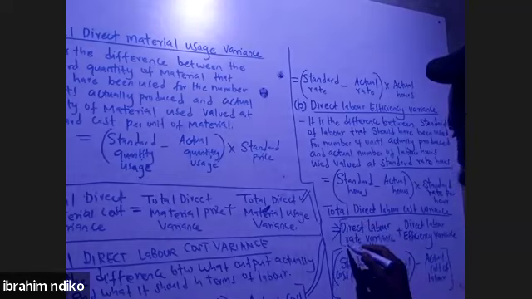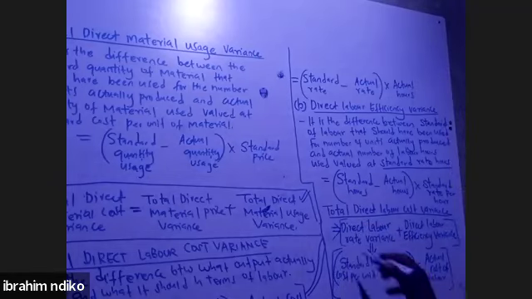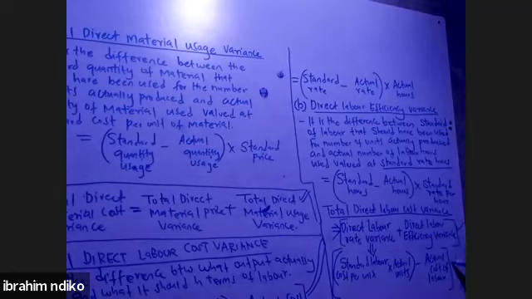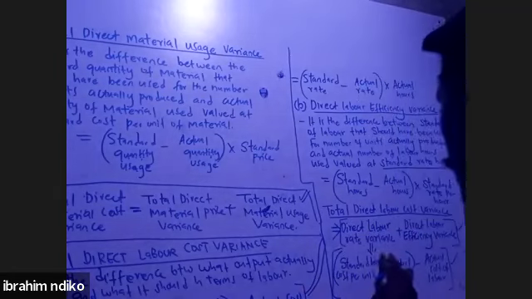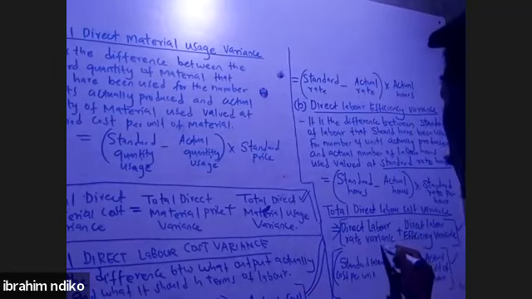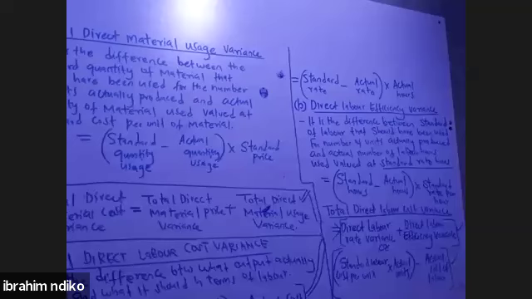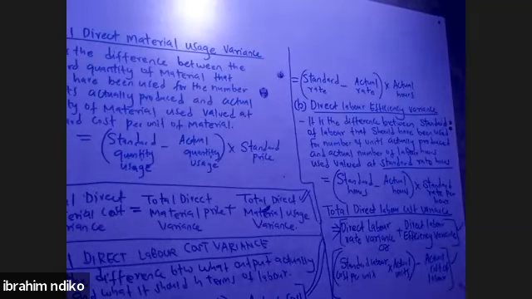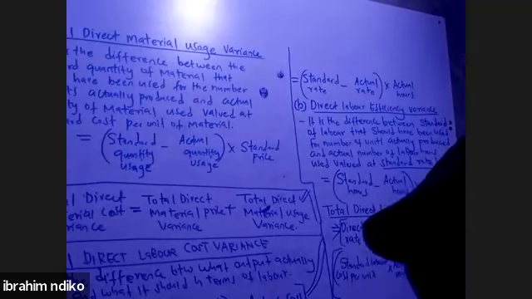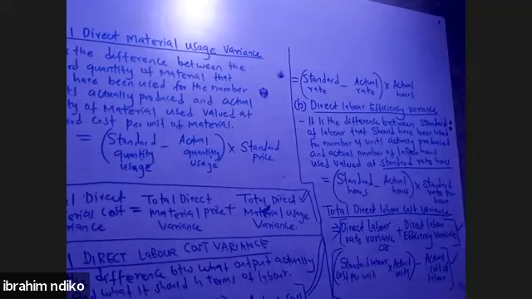So it's either you use ya juu ama ya chini. So ni wewe unaamua. So you have two formulas, it is either. So hiyo tulikuwa tumepeana pale tukianza.